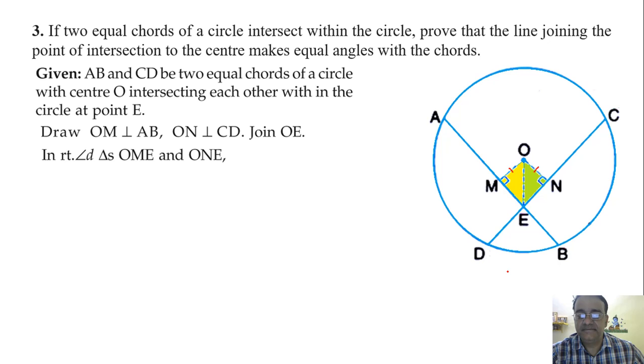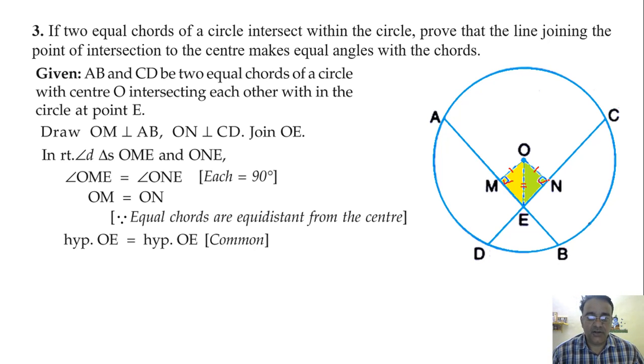Why? Equal chords are equidistant from the center. And OE is common. Why are these two angles equal? Each is 90 degrees. So these two triangles are congruent by the RHS congruence rule.